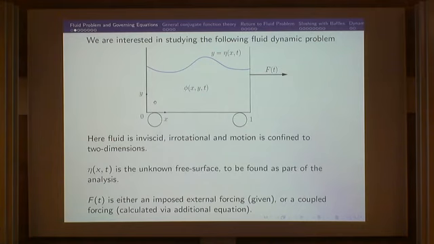And in that case, this f of t won't be prescribed. In the case where you're telling me what the amplitude and frequency is, it's a prescribed f. In the other case where perhaps it's attached to a spring, f of t needs to be solved for as well, so it'll have its own differential equation for solving f of t. I guess for the first part of the talk, the key thing is just to think of this as being some prescribed forcing, but it could really be either.